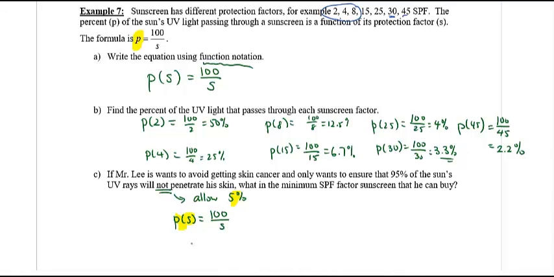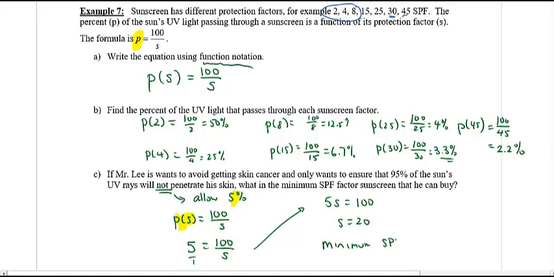So 5 equals 100 divided by S. We can cross multiply. 5S equals 100. So S equals 20. So the minimum SPF factor that I will buy is 20. Anything bigger than 20, I'm happy, because I'm okay with having 5% of those sun rays penetrate my skin.